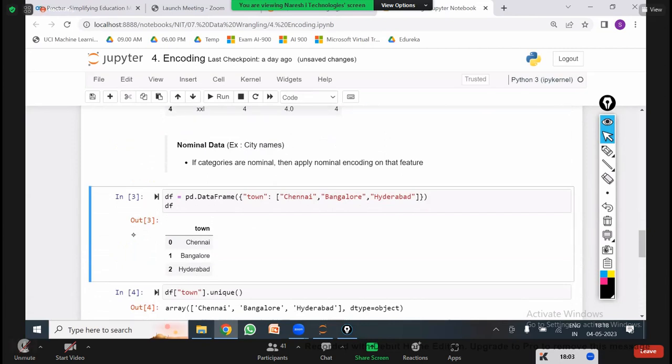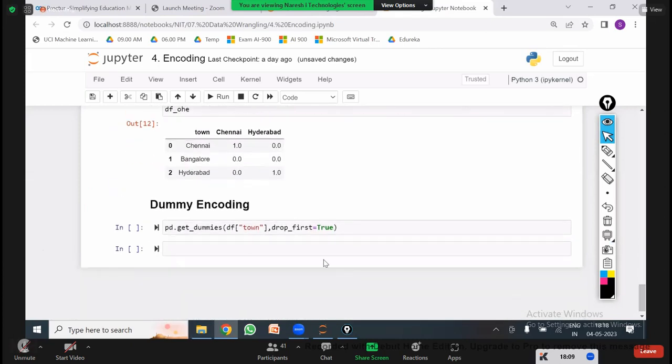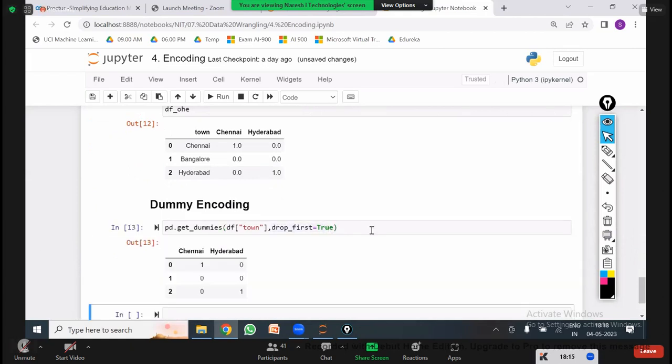I'm going to take this original data frame, with respect to the df of town column, and drop first equal to true. Drop first equal to true means the first column will be dropped. And I'm going to get it directly like this, in one shot.